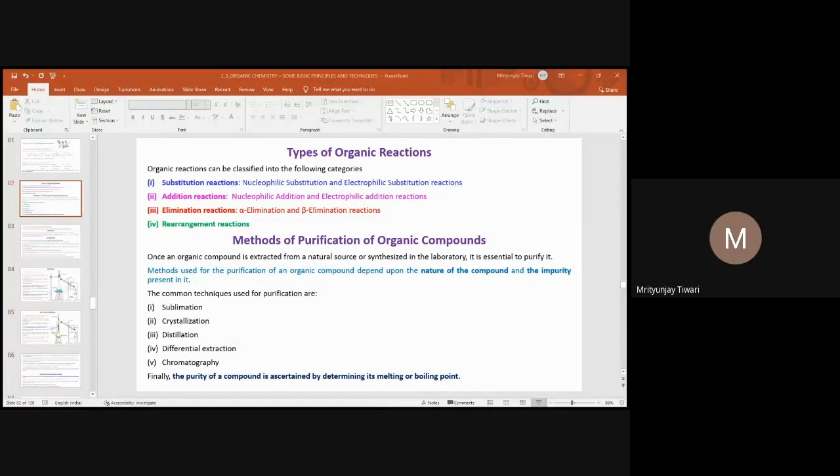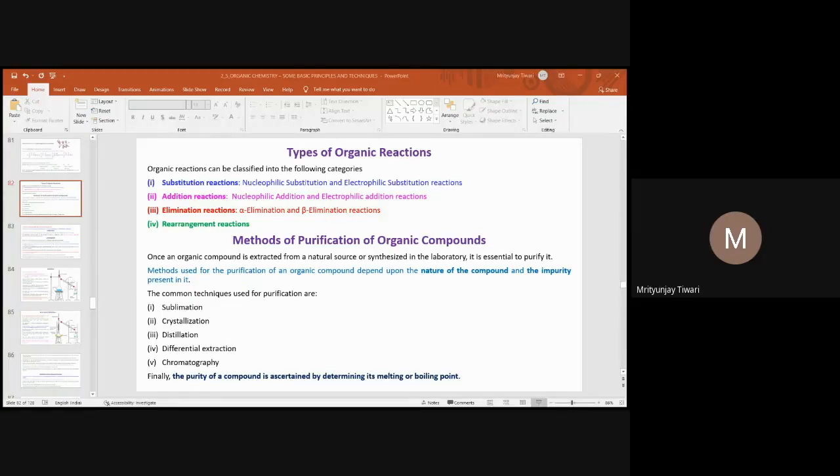And there we use a round bottom flask. We take the reaction mixture and heat it, and initially the compound with the lower boiling point will evaporate, and we let these vapors go through a condenser. While passing through this condenser, we use cold water through the inlet and the hot water goes out, and the vapors of the organic compound are collected in a receiver.